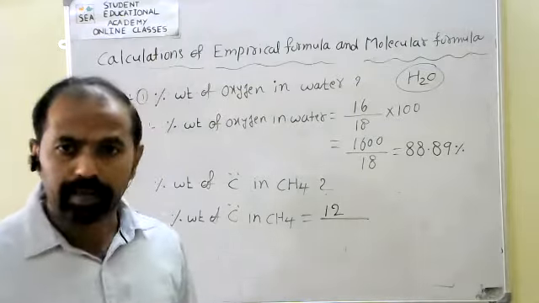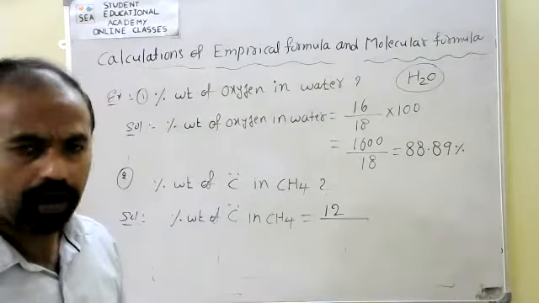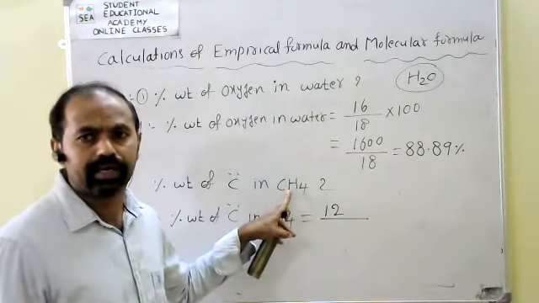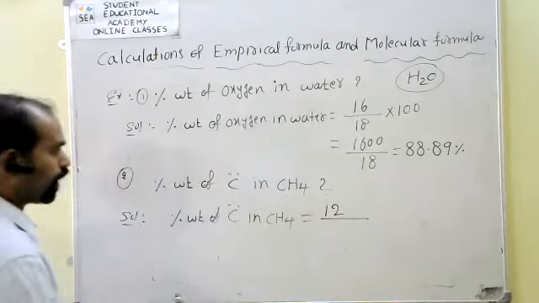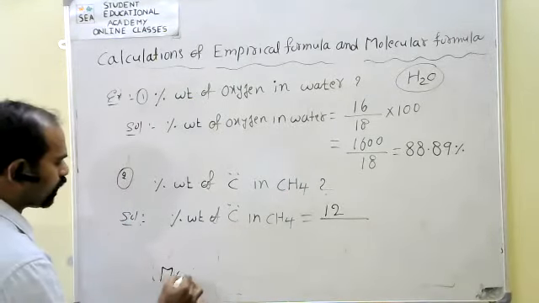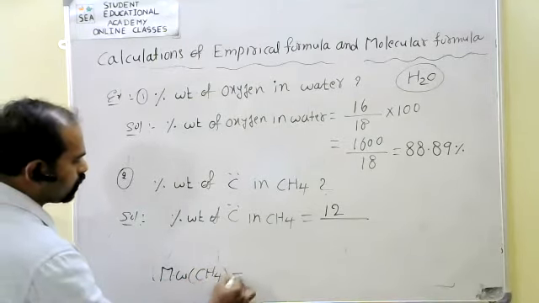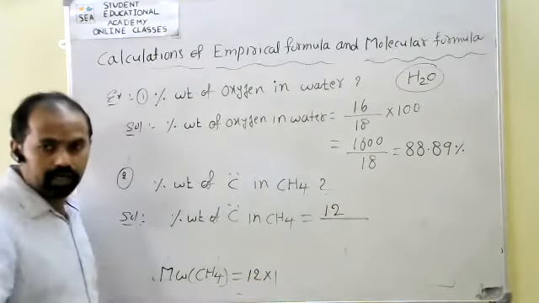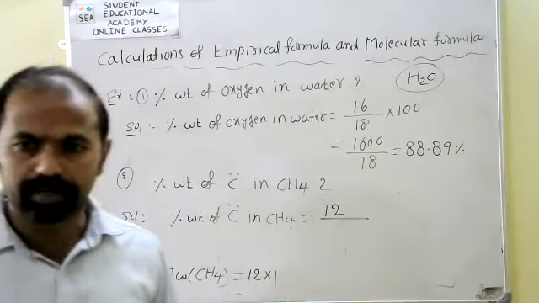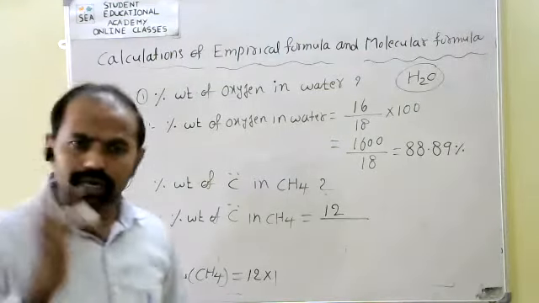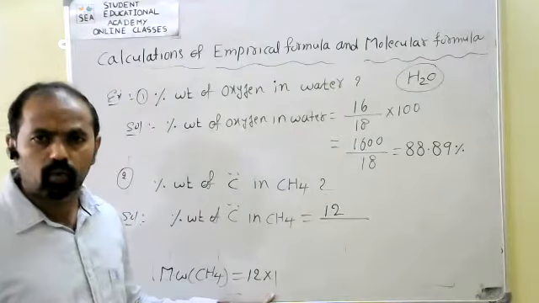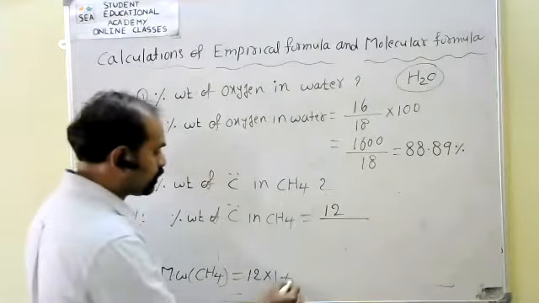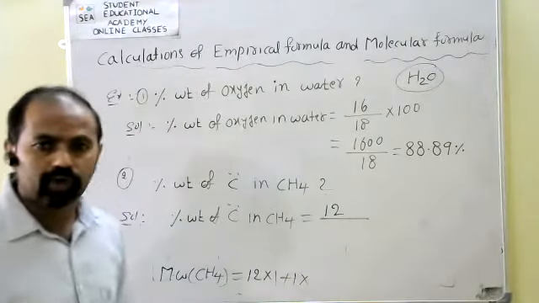Atomic weight, that is our atomic mass also, upon the molecular weight of the given substance, methane. What is the molecular weight of methane? Carbon atomic mass 12 into its atomicity 1, since there is one carbon only, plus hydrogen atomic mass 1 into its atomicity 4, since there are 4 hydrogen atoms.